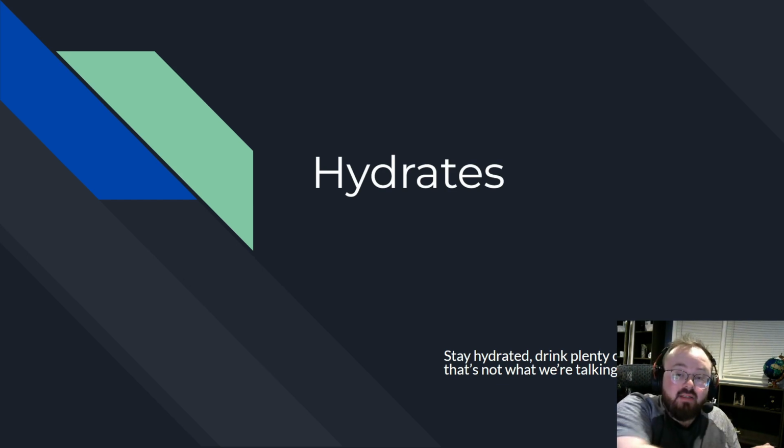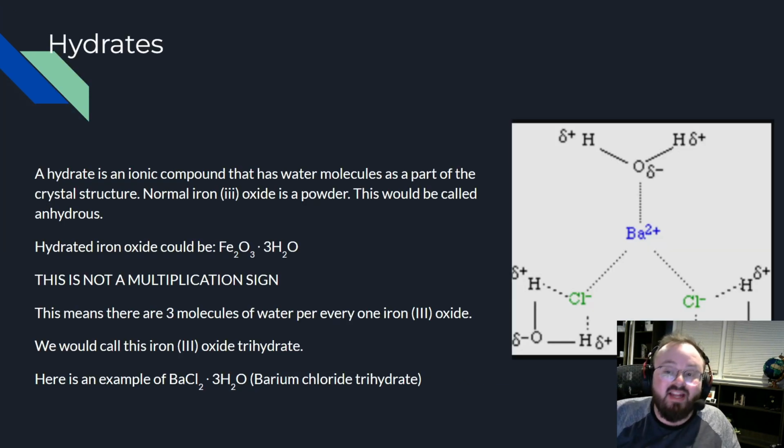The term hydrate. To be hydrated means you have water, and that is no different. But what a hydrate is, it is a compound that has water as a part of its structure. It is a solid, a powder that has water in it, right?